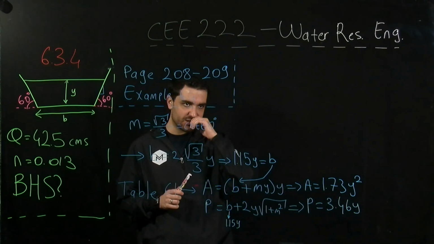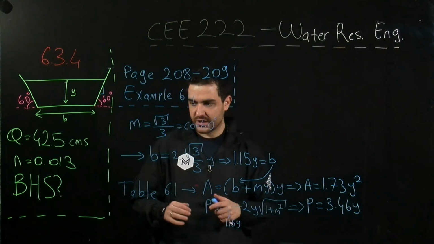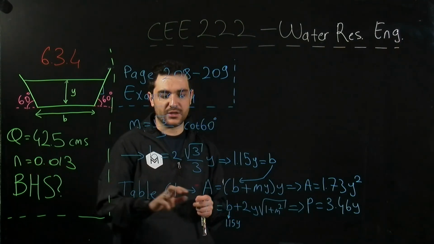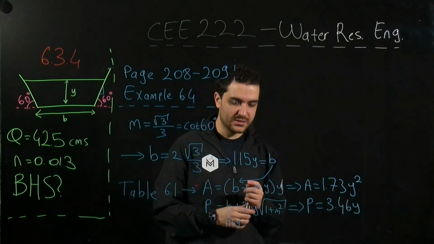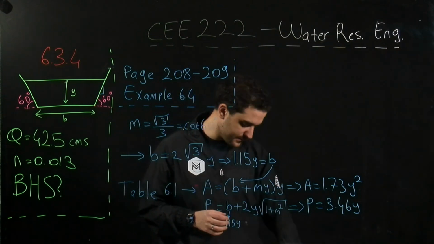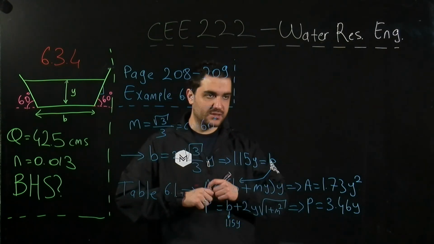After that, it will be pretty easy because we already know the flow rate, and we know the area and perimeter in terms of depth. So if we write Manning's equation, let me write it here.